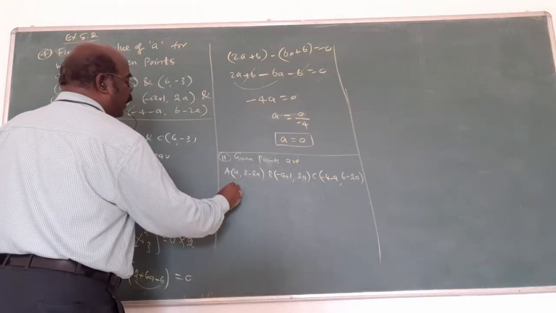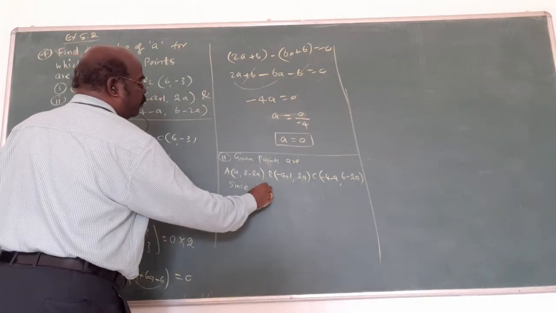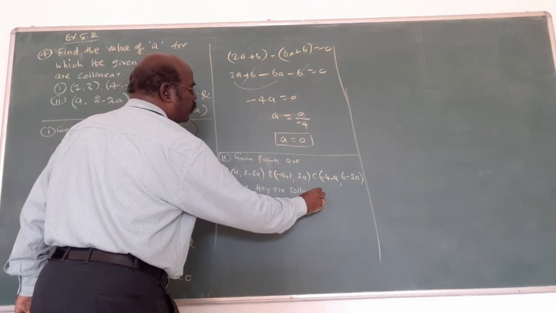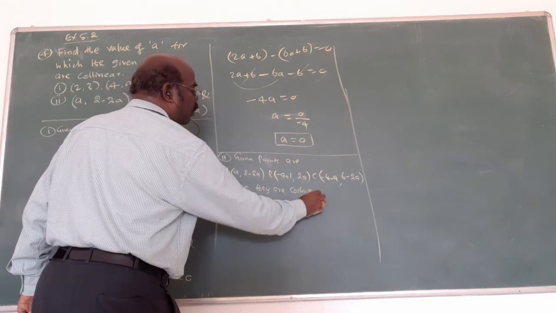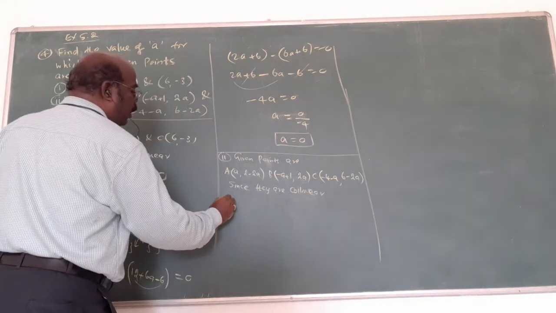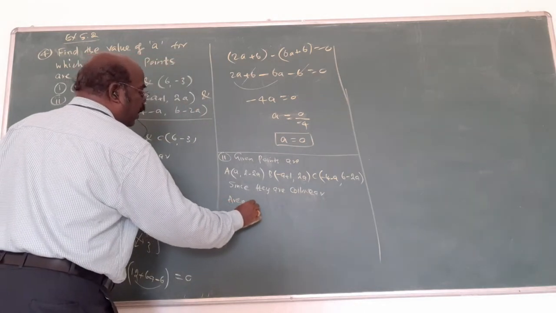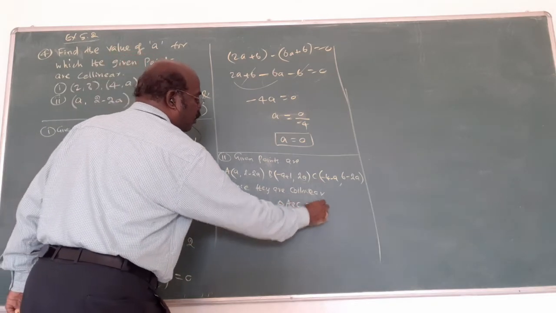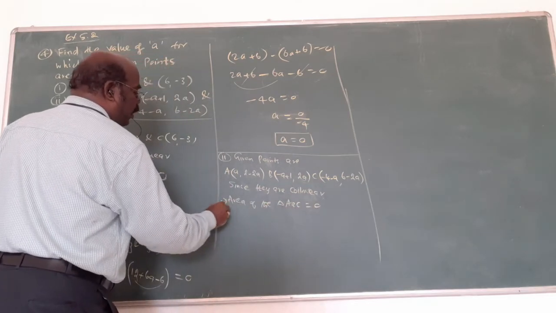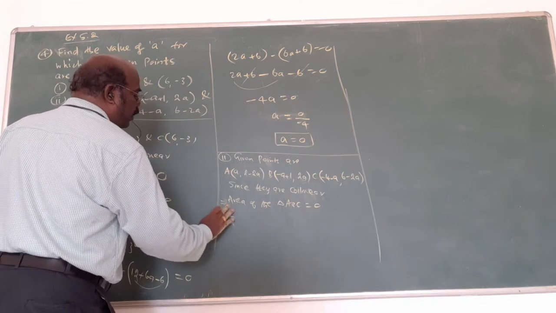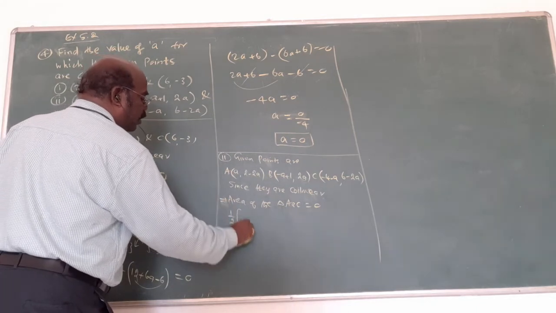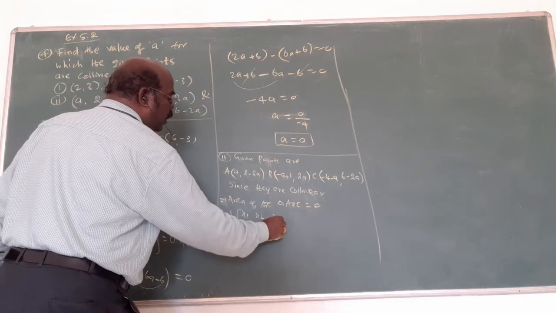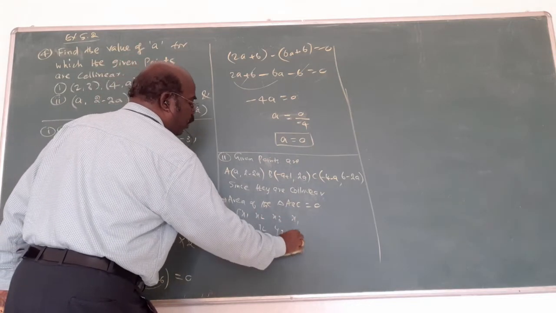The same thing applies here. What is the formula? The area of the triangle ABC is equal to 0 is the formula. Area is half into x1 y1, x2 y2, x3 y3, again x1 y1, equal to 0.